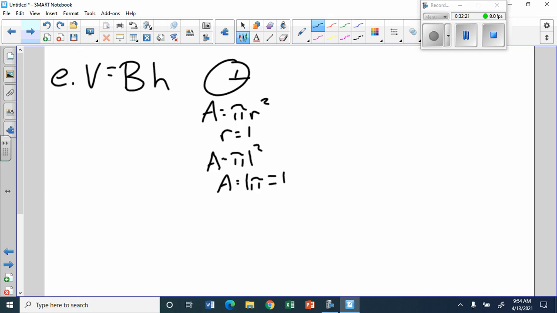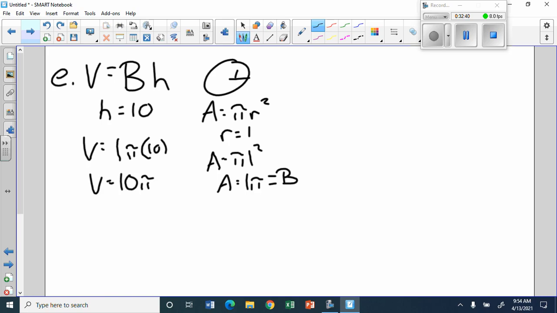Equals base. How many layers? So volume equals 1 pi times 10. Volume equals 10 pi centimeters cubed.